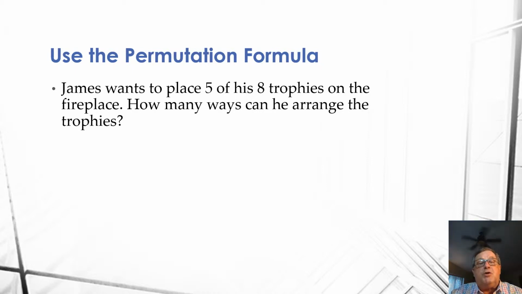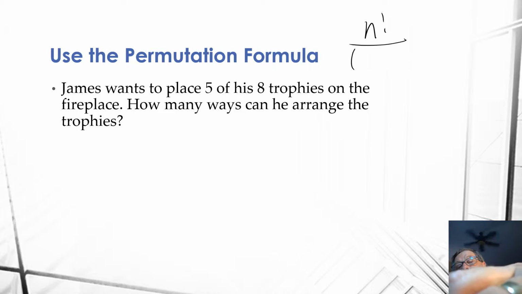So we're going to present this two ways. One is we could say, as far as our formula, n factorial over n minus r factorial, where n is the number of objects and r is the number of spaces.